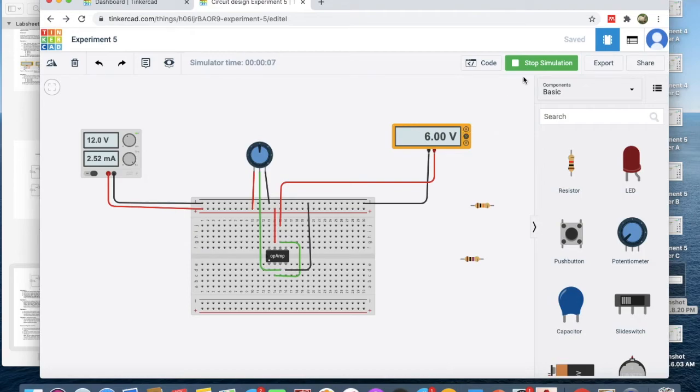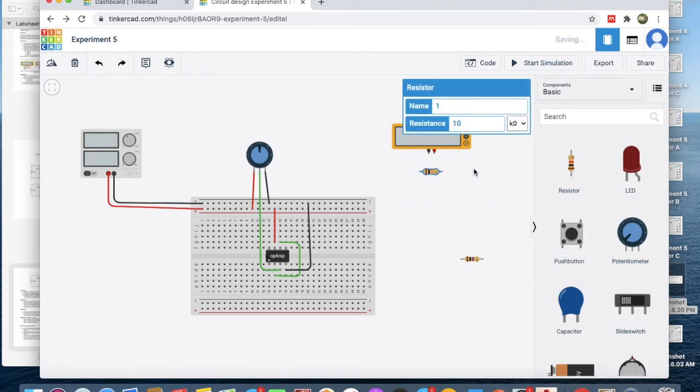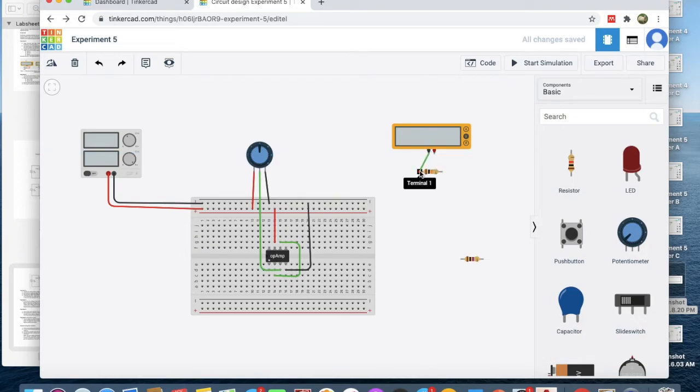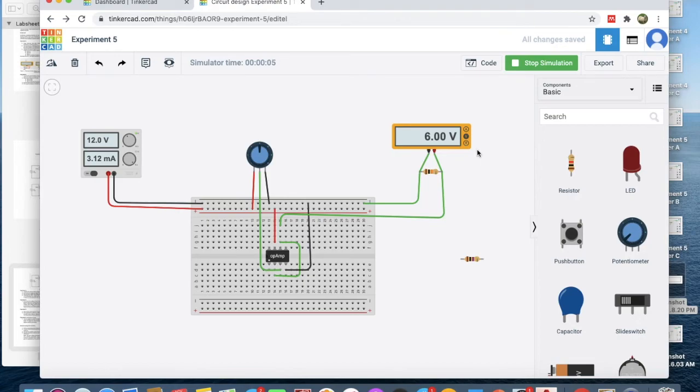Now I'm going to change the multimeter to meter A. Okay, the result is also 6 volt.